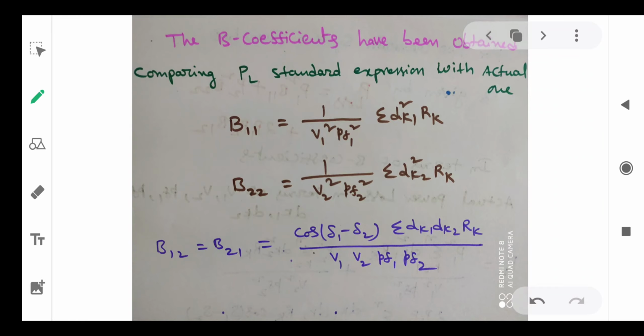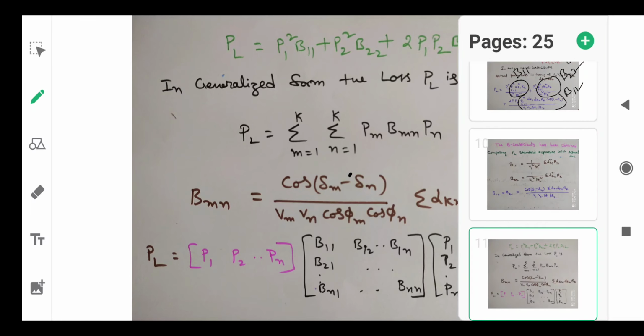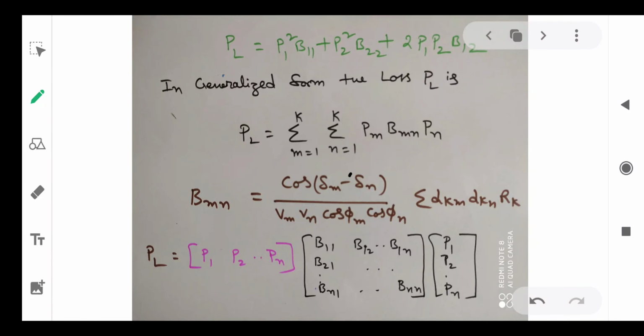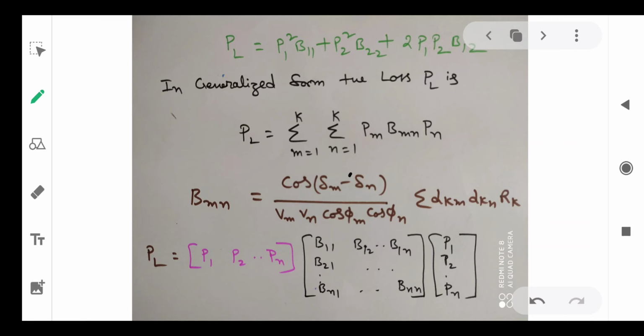Since V1 is equal to V2, V1 square into PF1 square, because phi m is equal to 1, n is equal to 1, and hence 1 by V1 square PF1 square sigma dkm dkn, here dk1 dk1. So therefore dk1 square into rk.